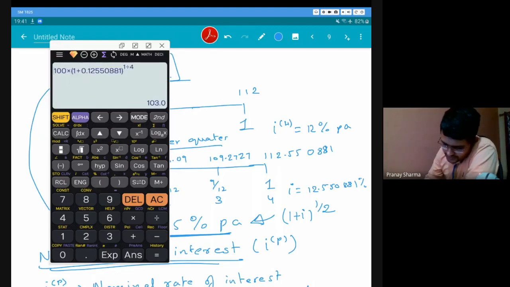Here, I just want to edit this. I'll use my side arrows, and here I will remove that 4, put 2 and press equal to. You can see 106.09. That is the exact same thing we got here.